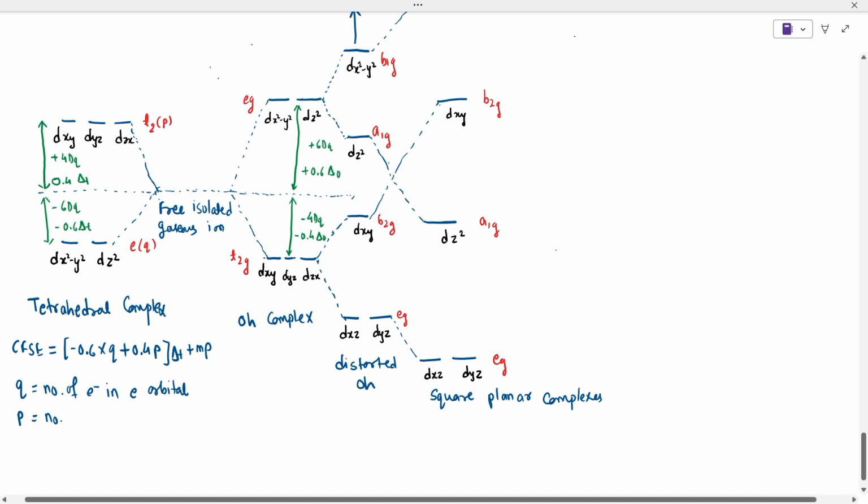P is the number of electrons present in the T2 orbital, and m is the number of paired electrons.